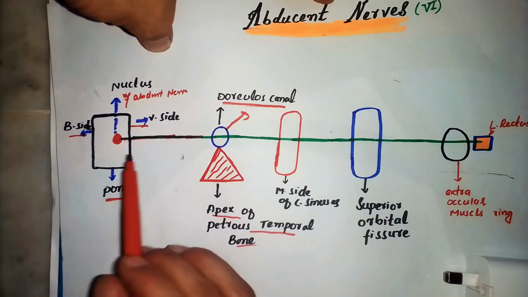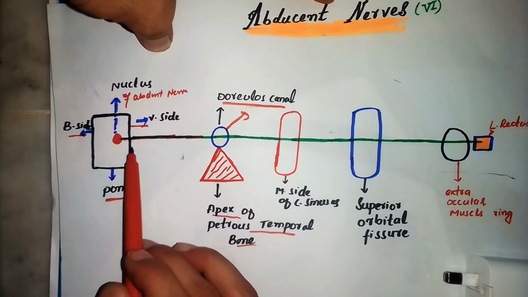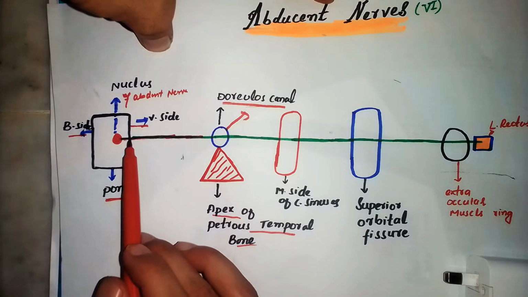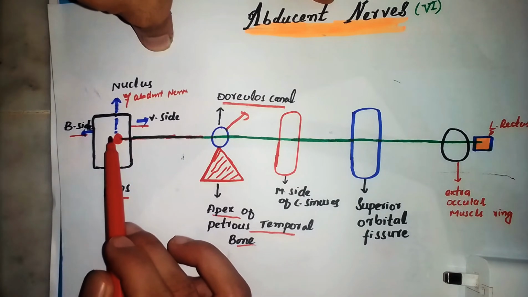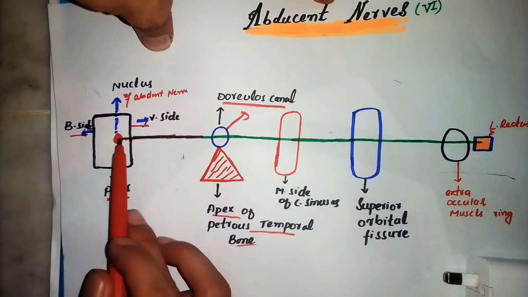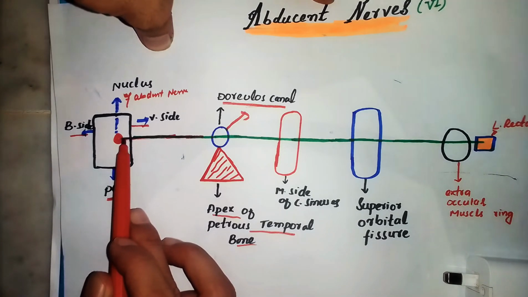Now let's start. The abducent nerve arises from the pons, because the nucleus of the abducent nerve is located in the pons.